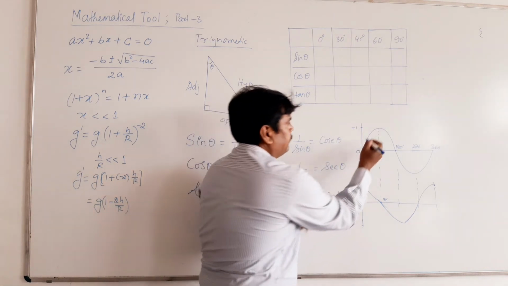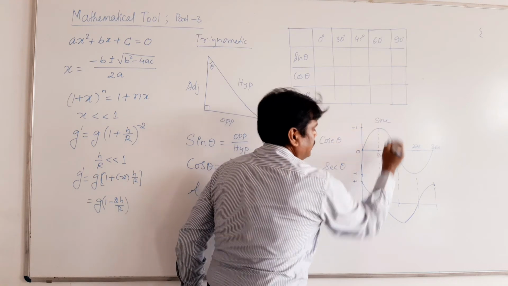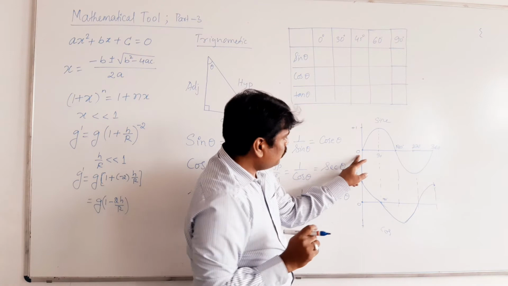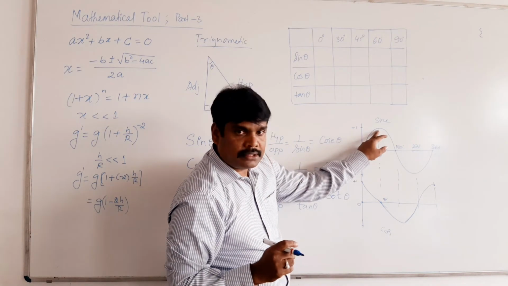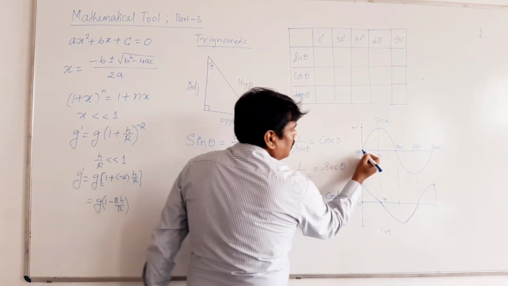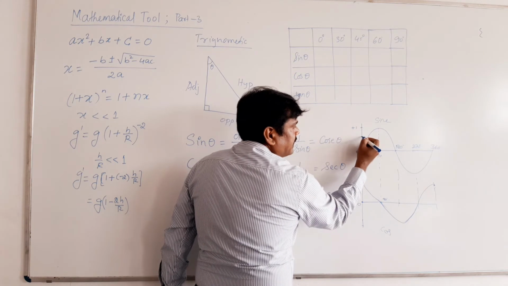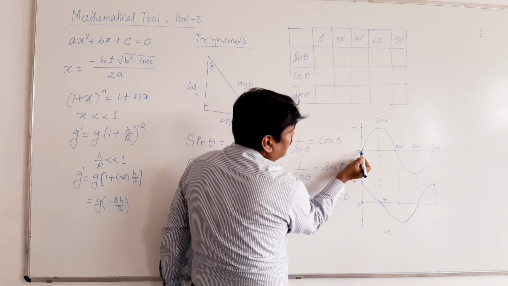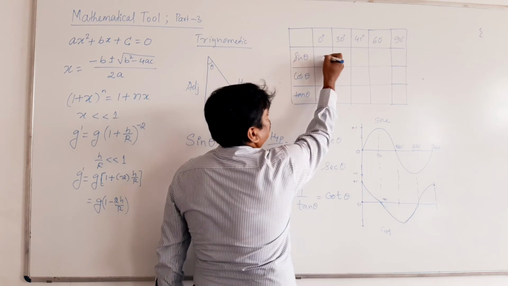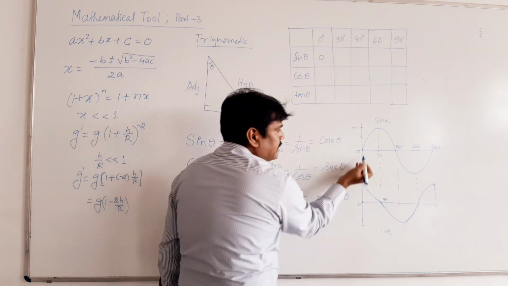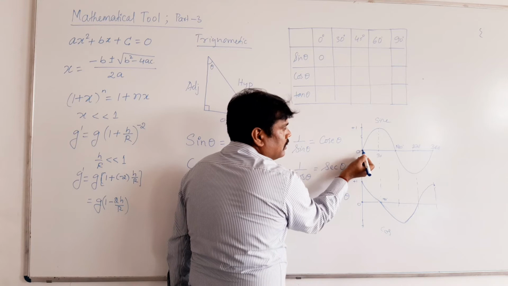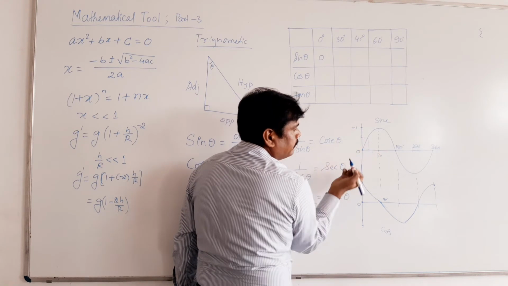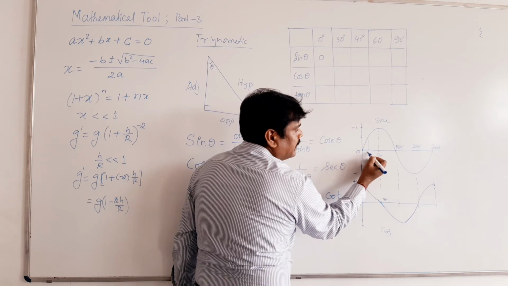This is the sine function, as I told, and this is cosine. From 0 to 90 degree the sine value increases. So from 0 to +1 there is an exact midpoint. What is the value of sine 0? Sine 0 is 0. The exact midpoint of +1 is half. It means it is 30 degree.